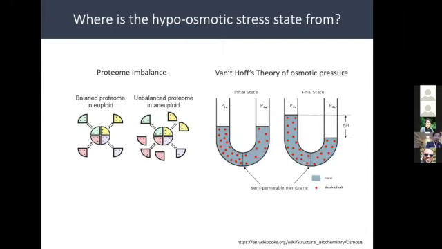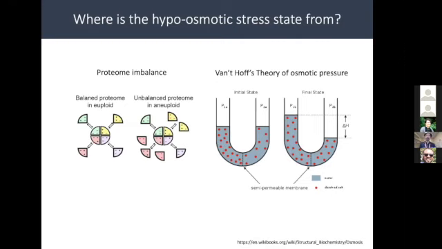But where is that from, right? One of the known common signatures of aneuploidy is proteome imbalance, because not every chromosome increases its copy number. So when there are so many protein complexes inside the cell, there will be extra protein subunits being made from the aneuploid chromosome.